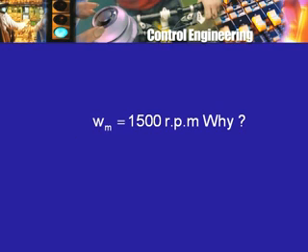So let us choose some rounded numbers. For omega m we will choose a speed roughly corresponding to 1500 revolutions per minute, 1500 rpm, and there is a reason for this particular figure. The 1500 rpm figure arises in the following way.